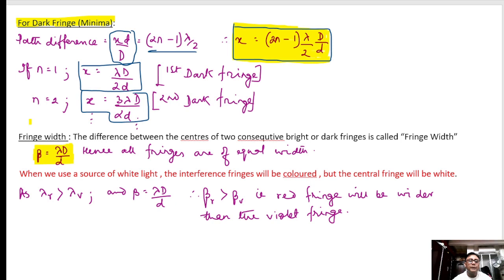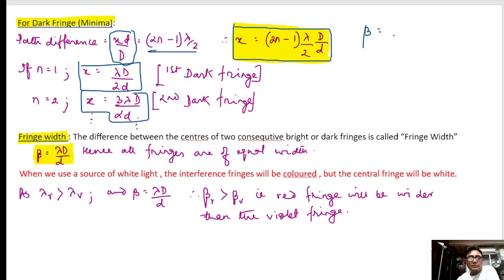Now we want to find out what is the fringe width. If I can find the gap between two consecutive dark or bright fringes, that gap will give me the fringe width. So let's see. Suppose fringe width is written as beta.